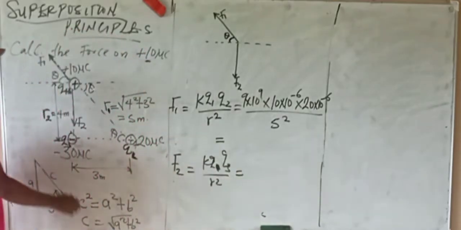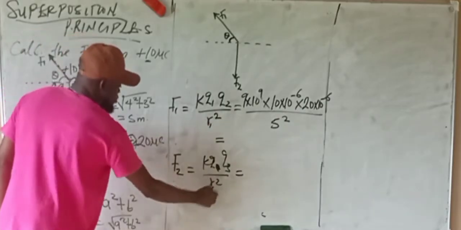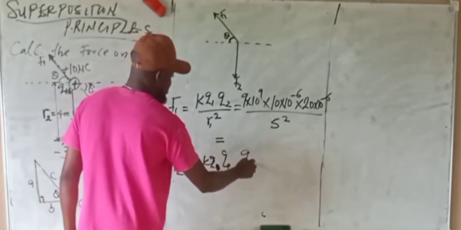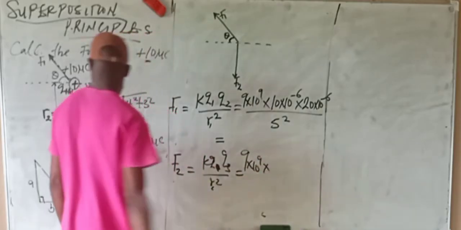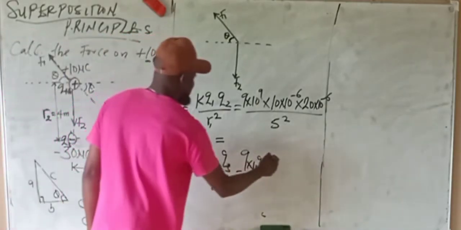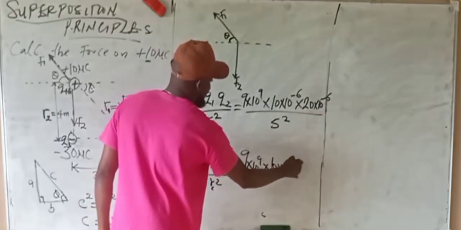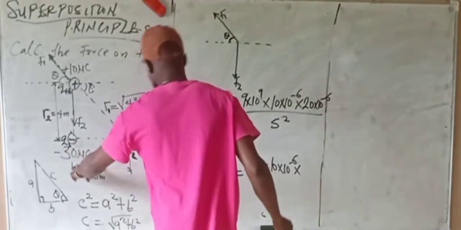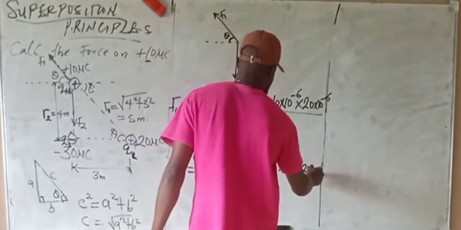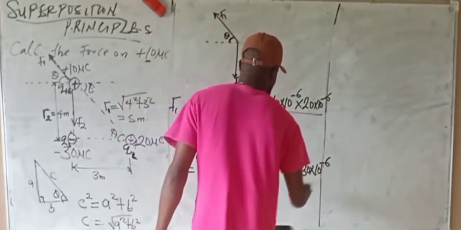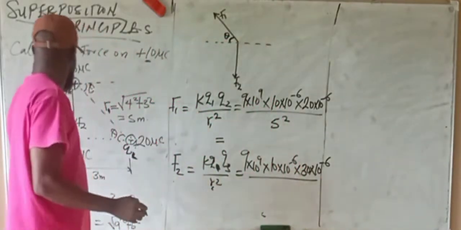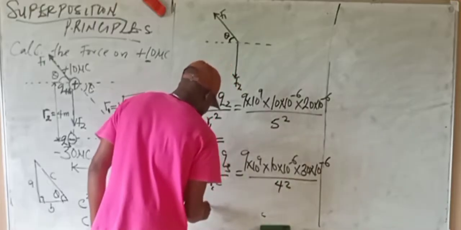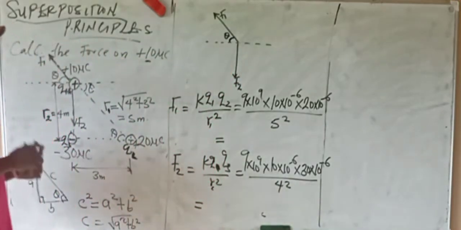So what I will have here is K, 9 times 10 to the power 9, times Q1, 10 times 10 to the power minus 6, times Q3, minus 30. Remember, usually it's 30, but I'm going to include the sign. Then over the distance between x and x, which is 4 squared. So that you get your answer.